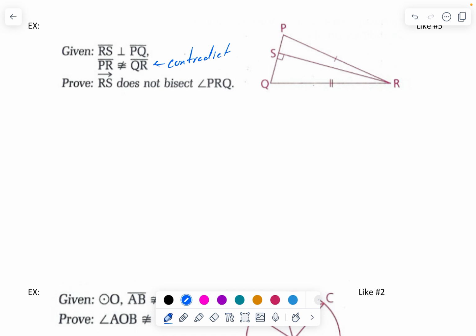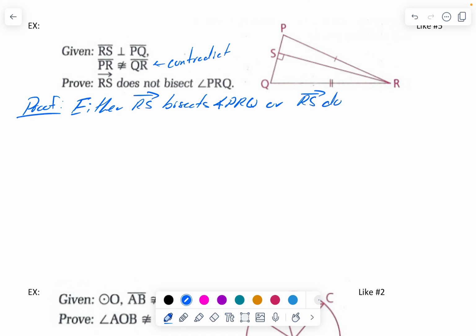So, here's our proof. Okay, we're going to say either, and this is how they have to start for these indirect proofs, either RS bisects angle PRQ or RS does not bisect angle PRQ.